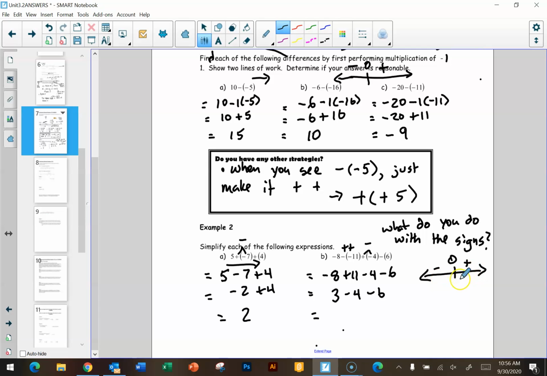If I subtract 4, I get to the 0, and I actually have one more. So 3 minus 4 takes me down to negative 1. Now I'm at negative 1 minus 6, and I'm subtracting, so I have to get even more negative, right? So I jump 6 more this way, which takes me all the way down to negative 7. So it's up to you to use the strategy that you want, but that's what I do in my head when I see numbers and signs that look like that.